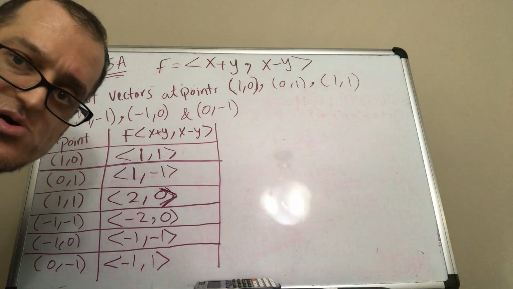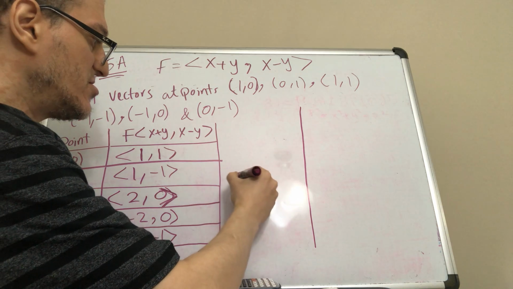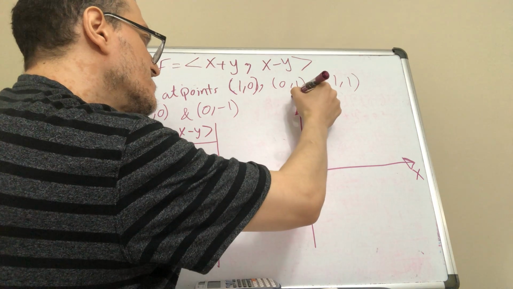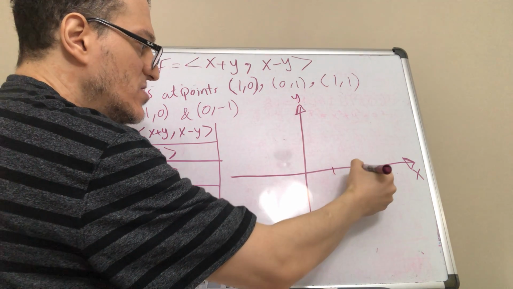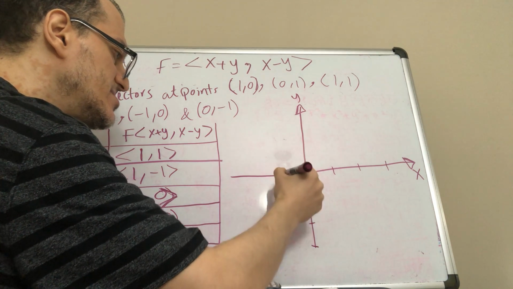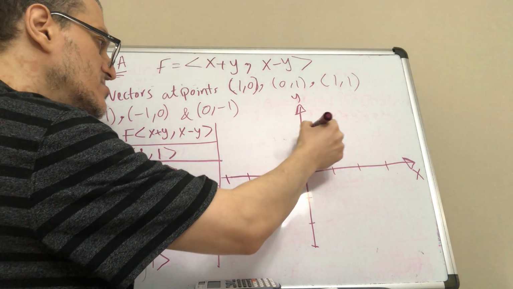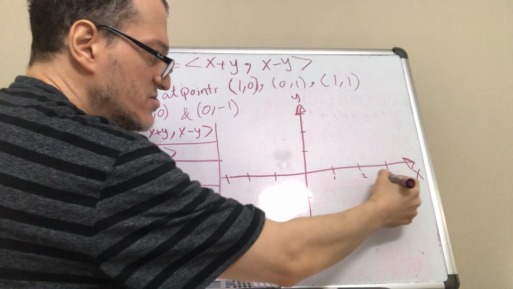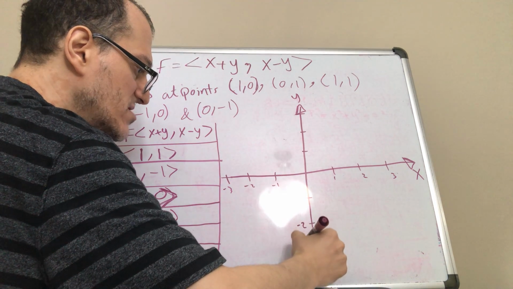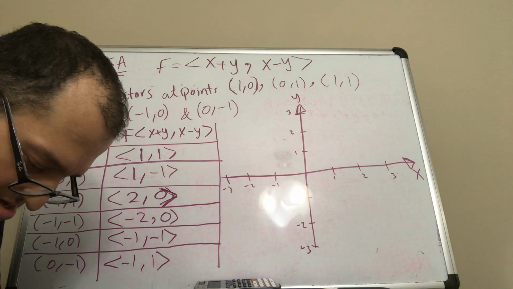So now we have all the different points. I go here and mark 1, 2, 3 on each axis, and negative 1, negative 2, negative 3.